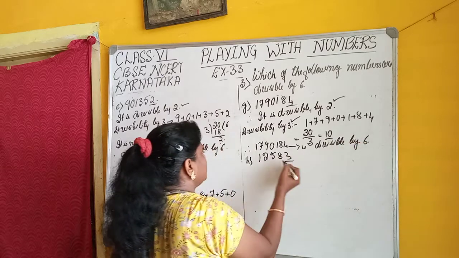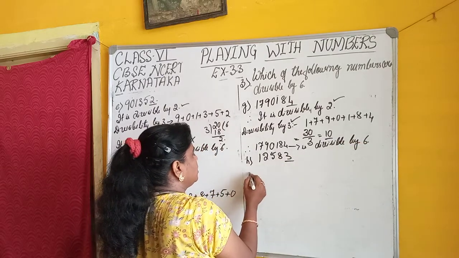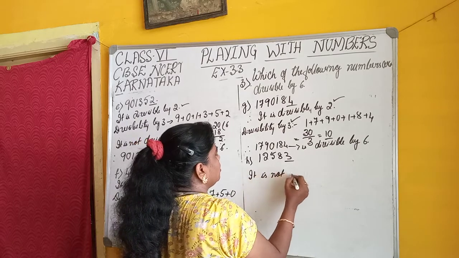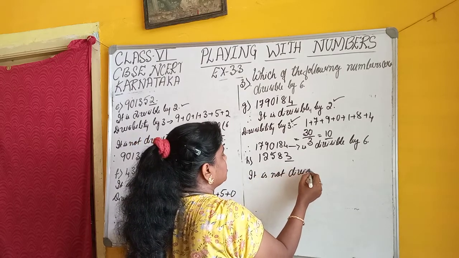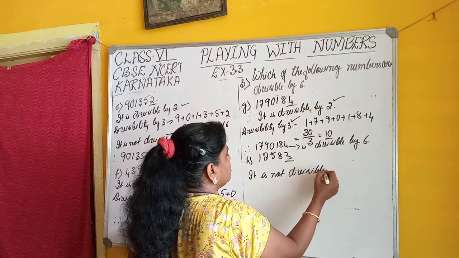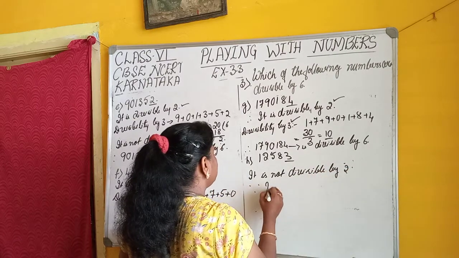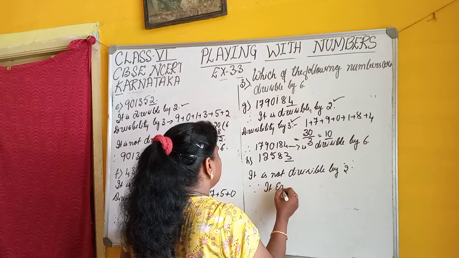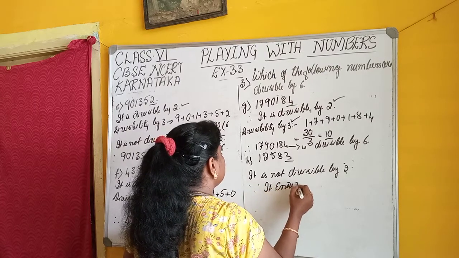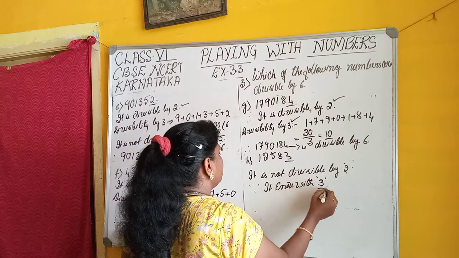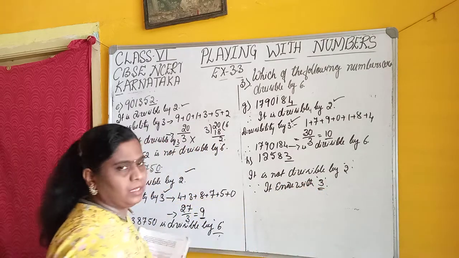Let us check this one. It is not divisible by 2 because it ends with 3.